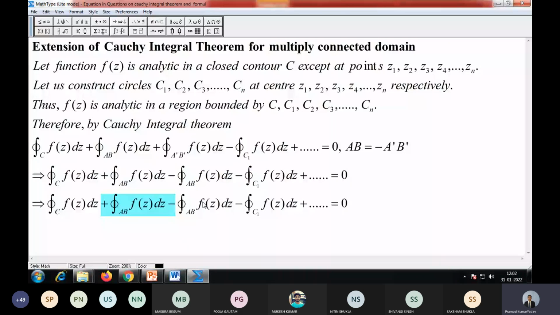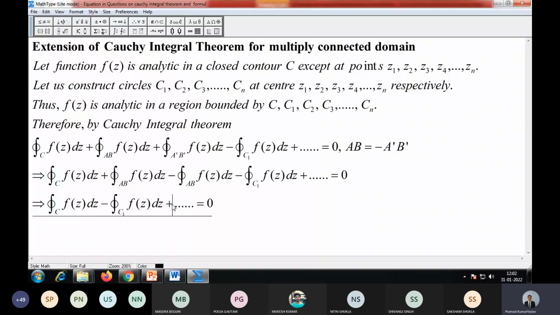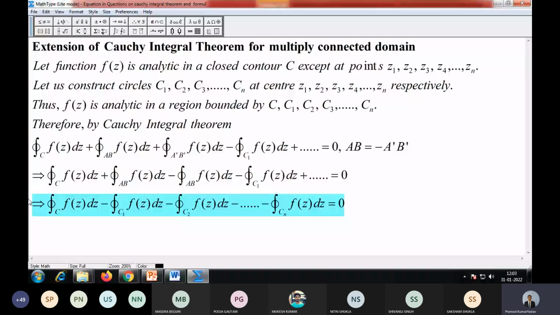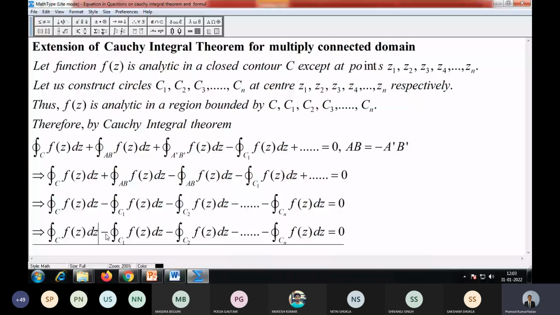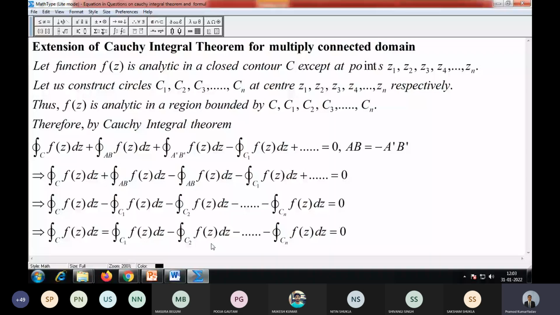So minus this, then minus C2, then minus so on, and minus Cn equals 0. So this implies that the integral over C is equal to C1 plus C2 plus C3 plus so on plus Cn.